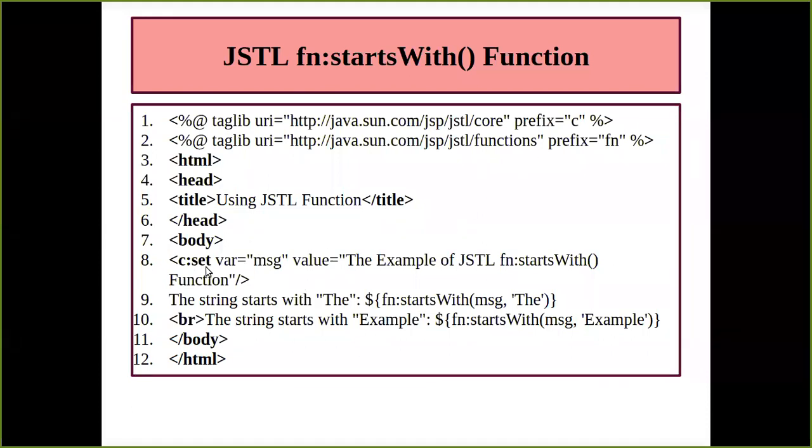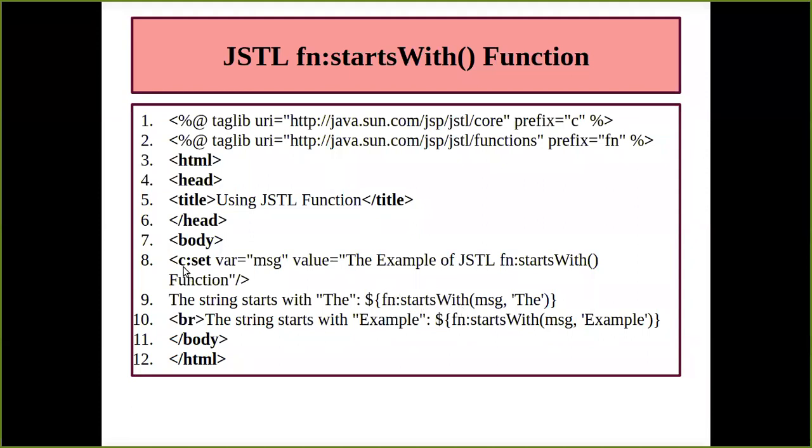One thing was variable declaration, so we wanted to declare a variable, that's why we made use of a set tag. Once we have done that, we have some place to store a string value, and that string value we can work with using the function called startsWith. Now we make use of the function tag called startsWith. So how does it start? fn:startsWith.